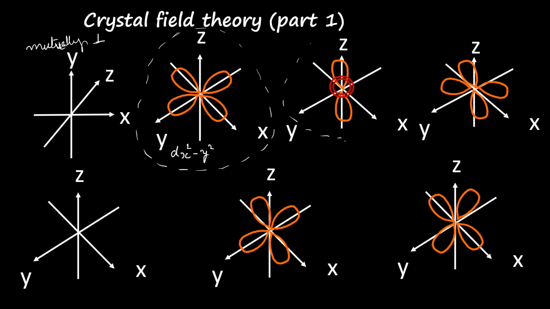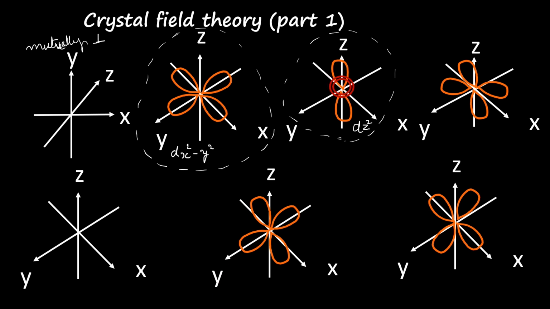This is the second orientation of the D orbital, which is called dz square. Here the orientation is along the z-axis. There is a central spherical portion also. That is the possibility of the electron density, the shape of the electron density. I hope you remember the donut shape and all.